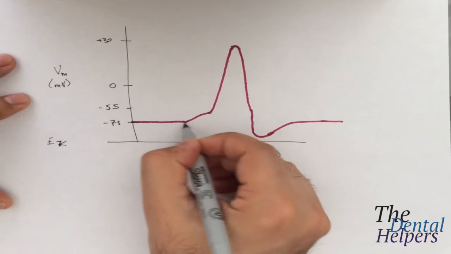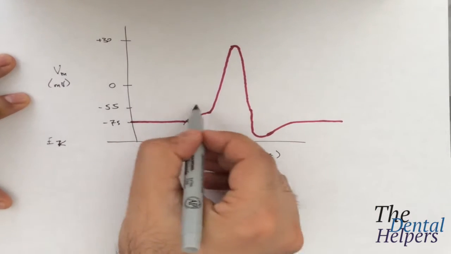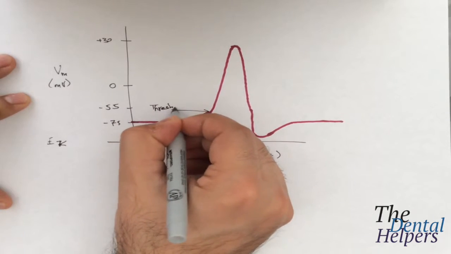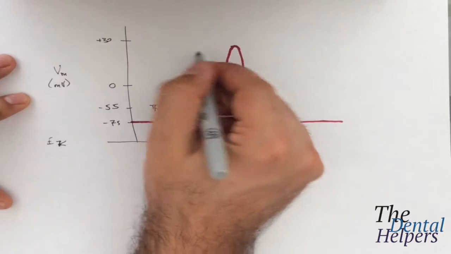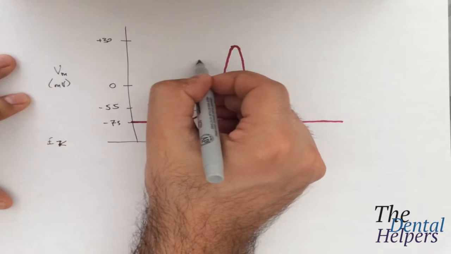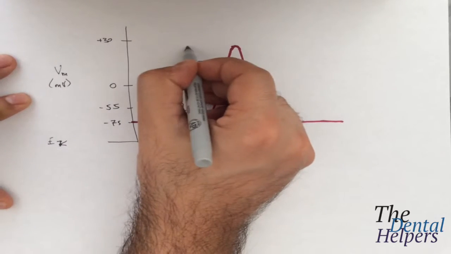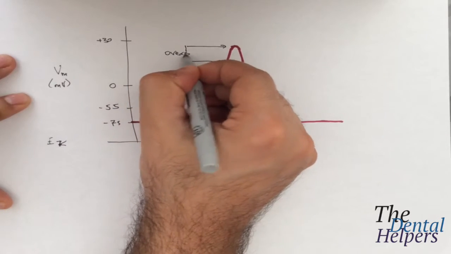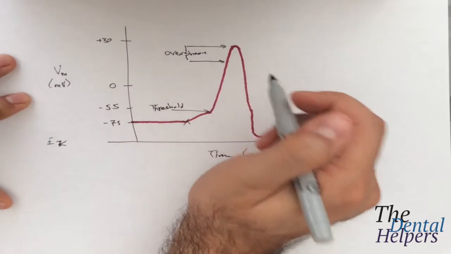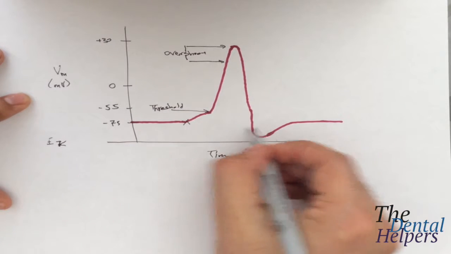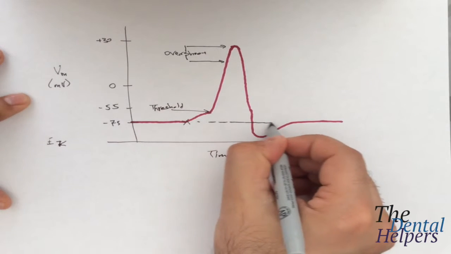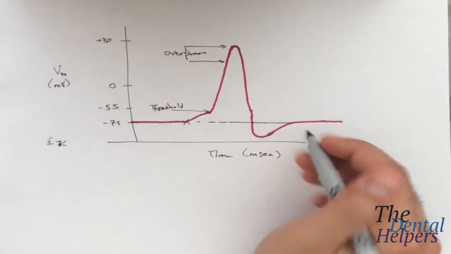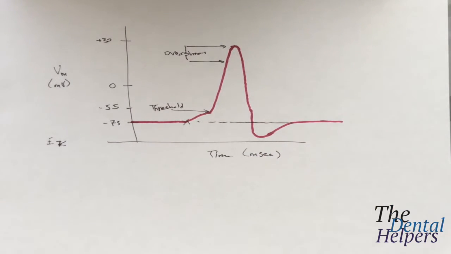This is where we had the stimulus being applied. We reached threshold. This period right here that we see is considered overshoot. And this area right here is hyperpolarization, so I'm going to switch my colors.